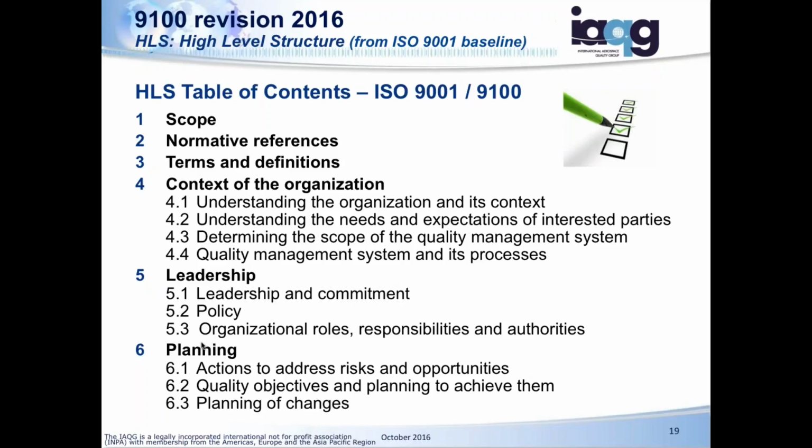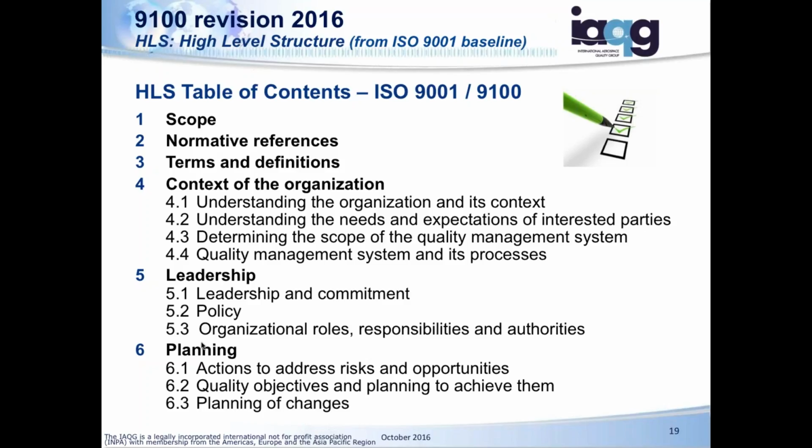So here's the structure of the standard, just like currently: scope, references, terms and definitions. Then we have this term called context of the organization, which is making sure you understand the organization as context: how it operates, what the culture is, who my competitors are, who my customers are, what business I'm in, what the needs and expectations of interested parties are, which of those are relevant, what the scope of my quality management system is, what my quality management system processes look like, and what the interaction of processes is, the way we have it today.